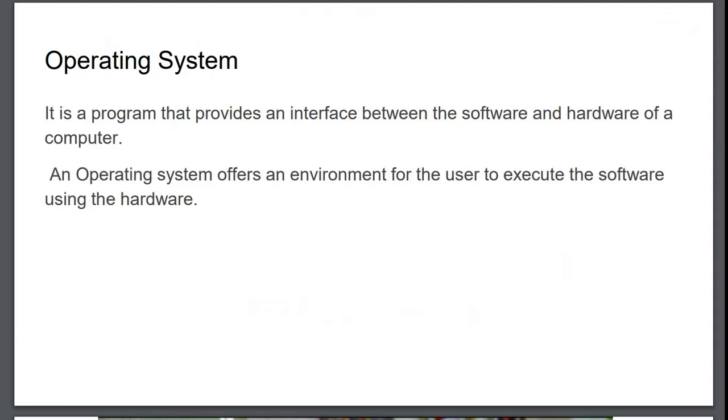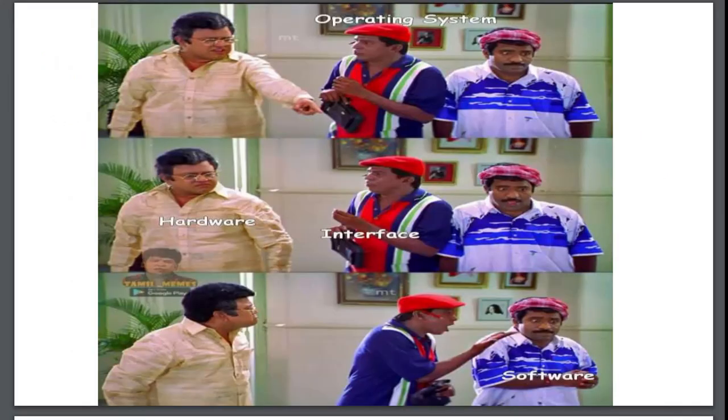The operating system is actually an interface between the software and hardware of the computer. It acts as a communication between the software and hardware of any particular system, and it provides an environment where the user can execute their applications with the help of the hardware. This is illustrated through the meme from the Friends film, right? That is a commonly known joke.